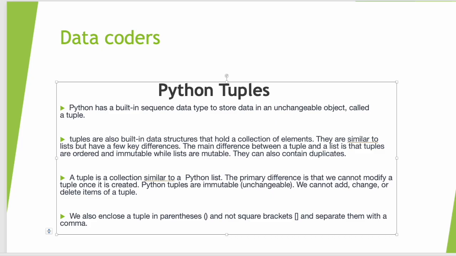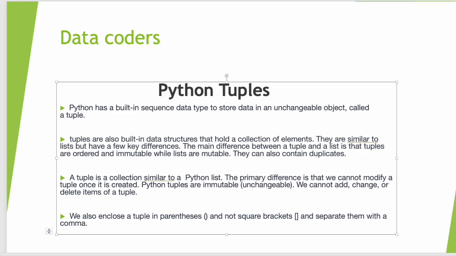So a tuple is unchangeable, immutable. We already have lists where we make all these changes. But the question might come to mind: why do we need tuples, and in which scenario can we use them?